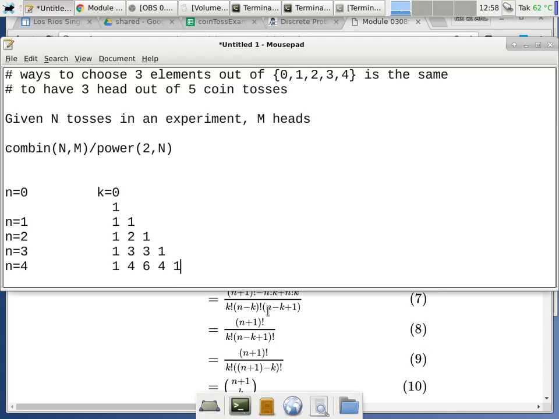I got one easy solution for those people who are always asking, I don't like exceptions, I want to use the same rule to calculate everything. Pascal's triangle is living in an ocean. This is an island in an ocean. The ocean is made out of zeros. So you just basically put zeros here and zeros here.